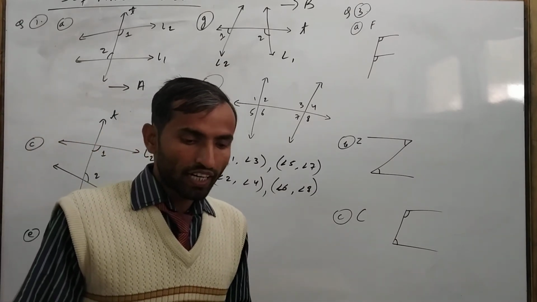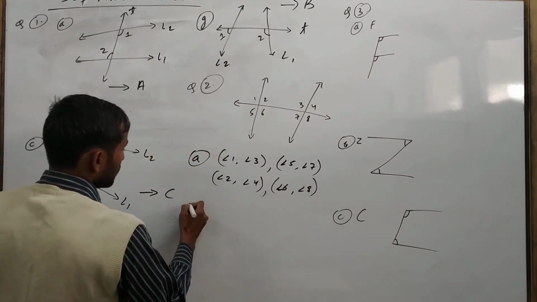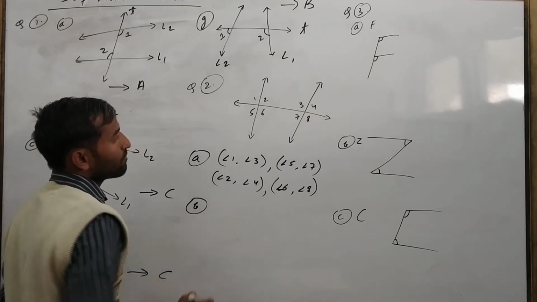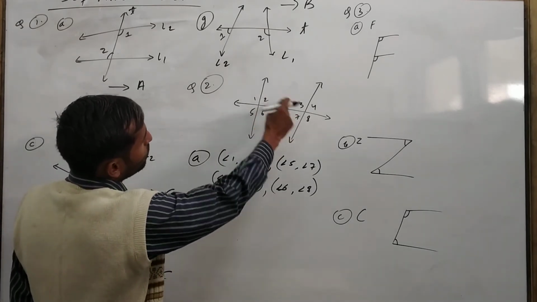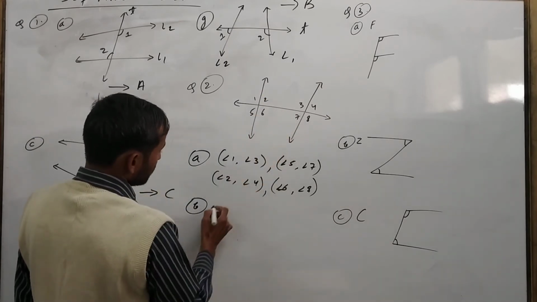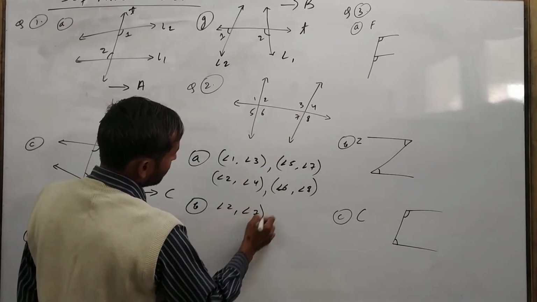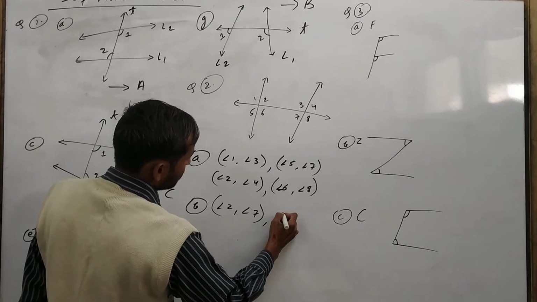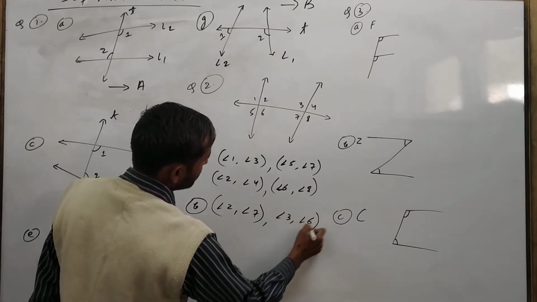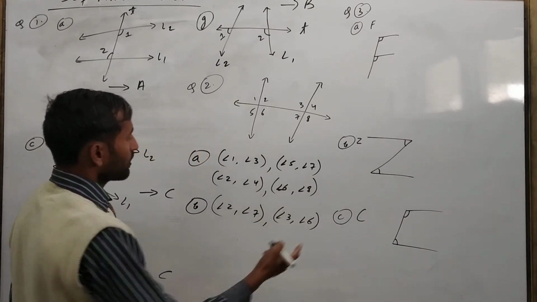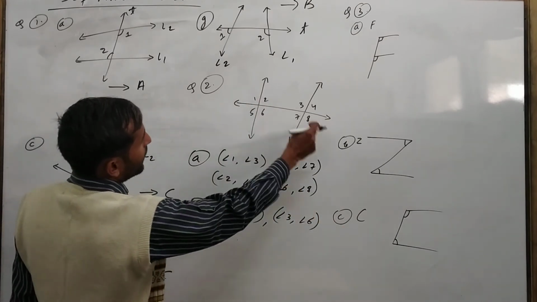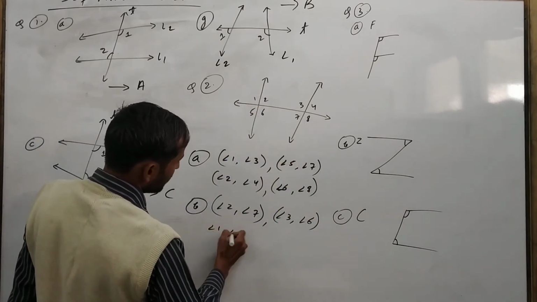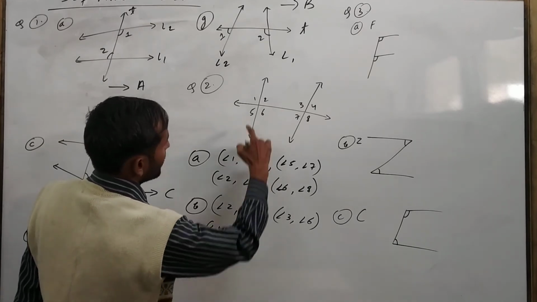Okay. After that, alternative angles. In the B part we have to write down alternative angles. So alternative angles will be angle 2 and angle 7, or angle 3 and angle 6. These are the alternative angles. And if you want, you can write alternative exterior also. Angle 1, angle 8 will be alternative angles.